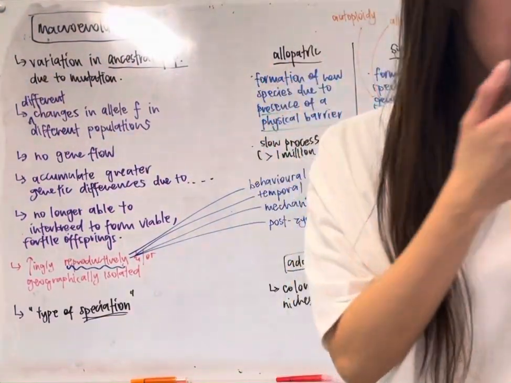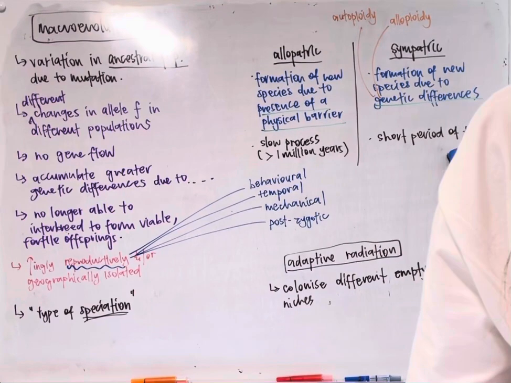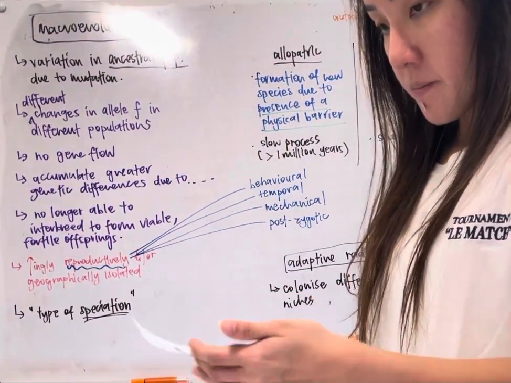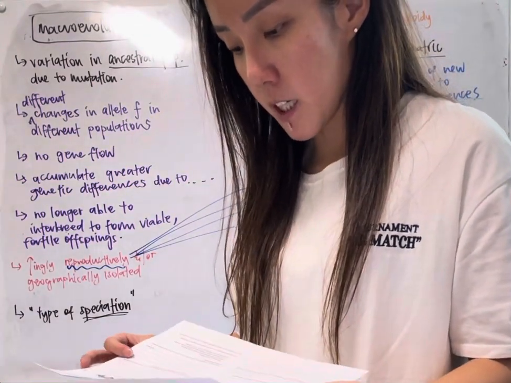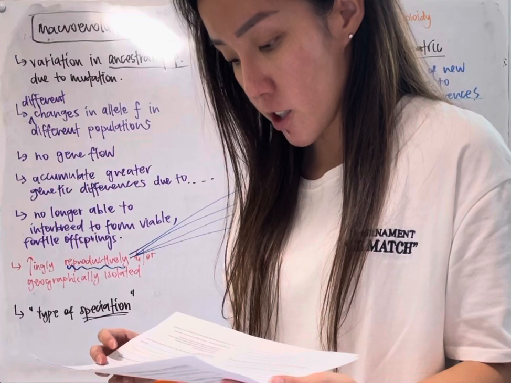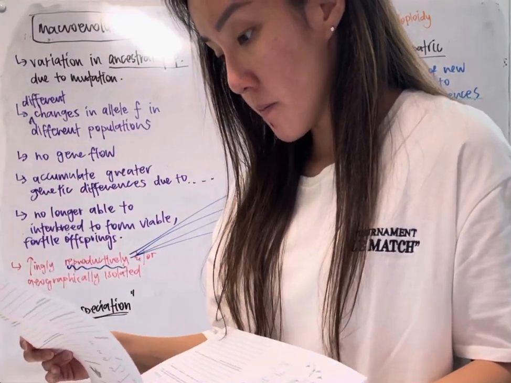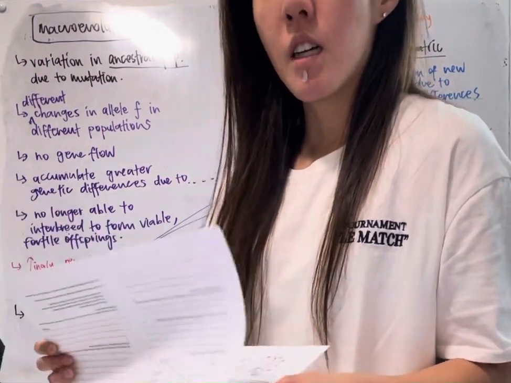Alright, so let's try some questions so you know what I'm talking about. Can you help me pass these down? Now, each one of you, I want you to do your respective questions for me to mark. Before we try out some questions, do you see we have question 2A, 2B, as well as 2C?